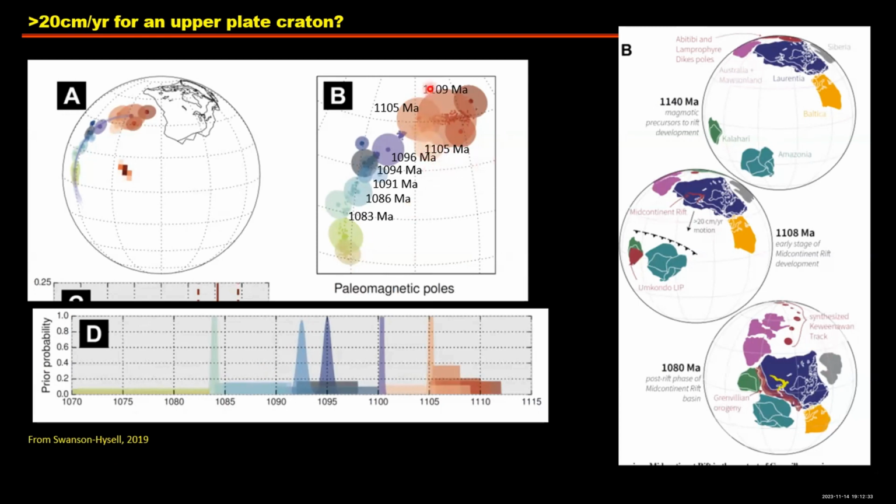And he determined that Laurentia was moving south at a blistering pace in excess of 20 centimeters a year between 1110 and 1080 Ma, which is the exact same period that you had the presumed collision. So this doesn't fit with an upper plate setting for a continent, and it doesn't fit either for a continent undergoing collision.